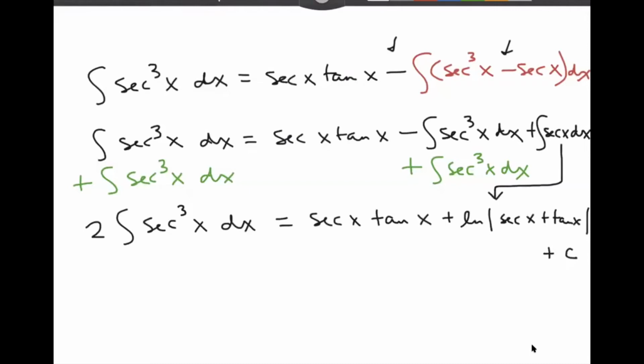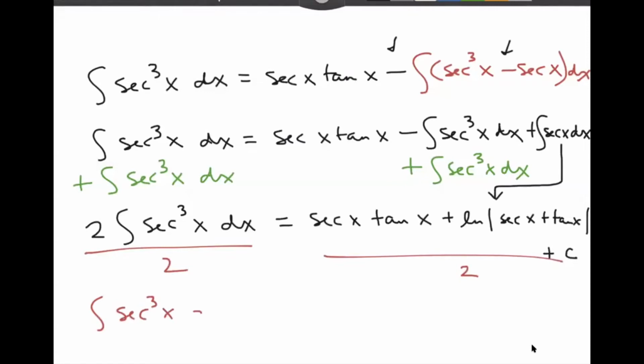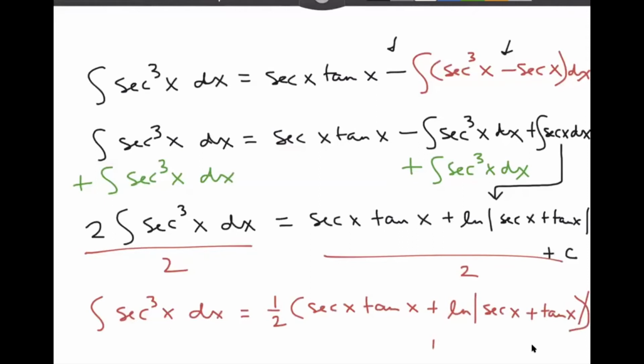The only thing left to do is to get rid of this 2 sitting out front. Okay, I think I'll leave this answer in red. It kind of feels like it deserves it. So the integral of secant cubed x dx is equal to 1/2 times secant x tangent x plus natural log absolute value secant x plus tangent x, and don't forget the plus c.